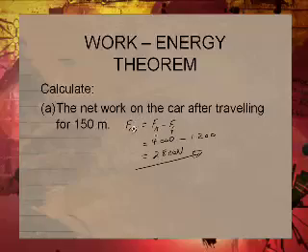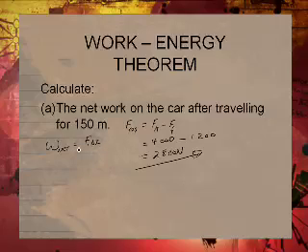Okay, now from the previous section, we worked out the F resultant here and we found it to be 2,800 newtons. Remember that the net work done equals F, the resultant force, times the displacement moved.